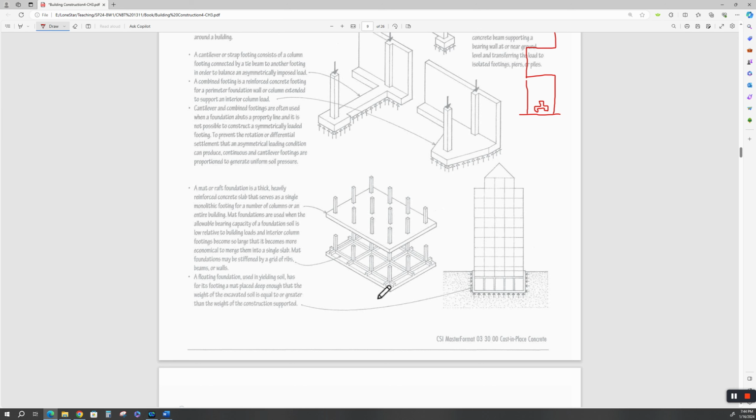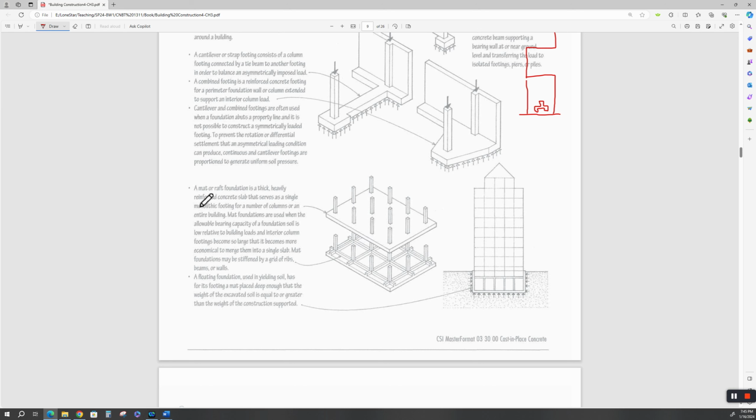So for some reason you might need a mat. Okay. I've never done a mat footing. Anytime we've done anything resembling a mat footing, we were able to come down with something like this, with a big slab underneath it, and the columns could come up and then support the superstructure.